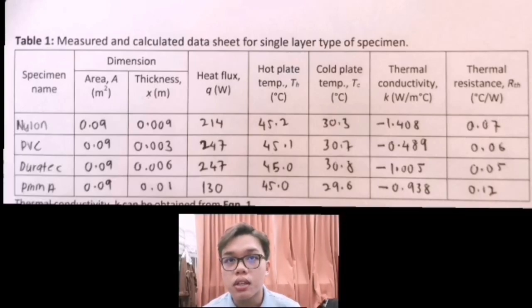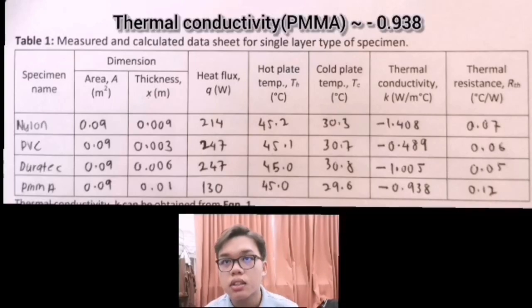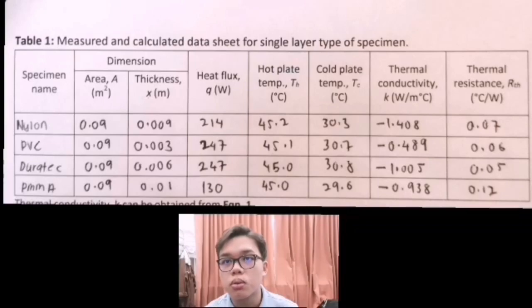And then for Duratec, the heat flux is 247, hot plate is 45.0, cold plate is 30.8, the thermal conductivity is negative 0.005, thermal resistance is 0.05. The final plate is PMMA, where heat flux is 130, hot plate is 45, cold plate is 29.6, thermal conductivity is 0.938, and the thermal resistance is 0.12.